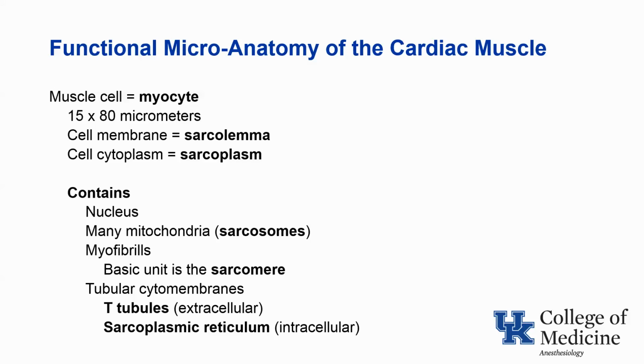As you recall, the muscle cell is called a myocyte, and it has a cell membrane and a cytoplasm. Inside it contains nuclei, mitochondria, myofibrils, and tubular membranes, the T-tubules, which are extracellular, and the sarcoplasmic reticulum, which is intracellular.